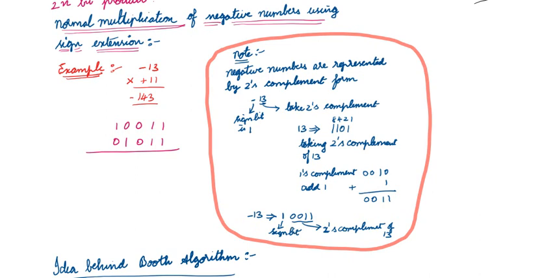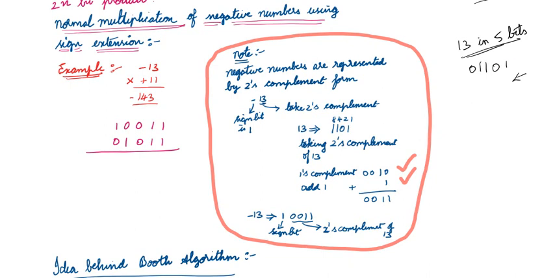There is another way of taking 2's complement, instead of taking the 1's complement and then adding 1. I will write 13 in 5 bits. Now I move from the rightmost side until I encounter the first 1.